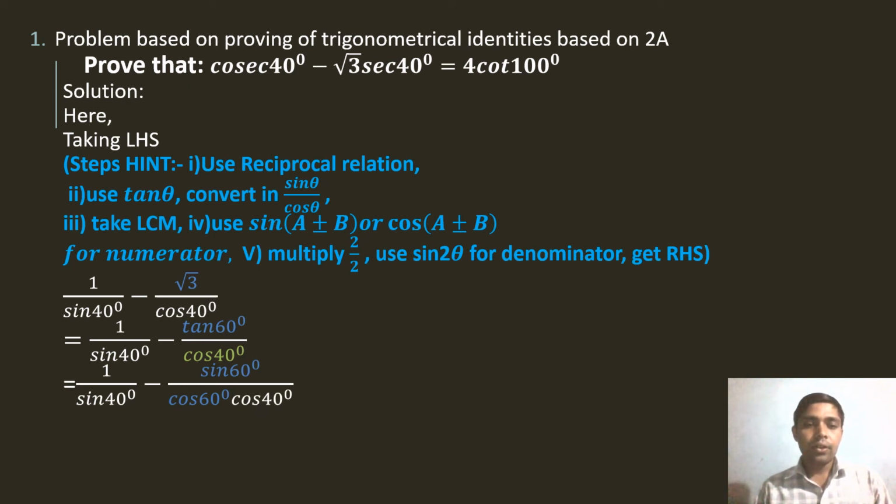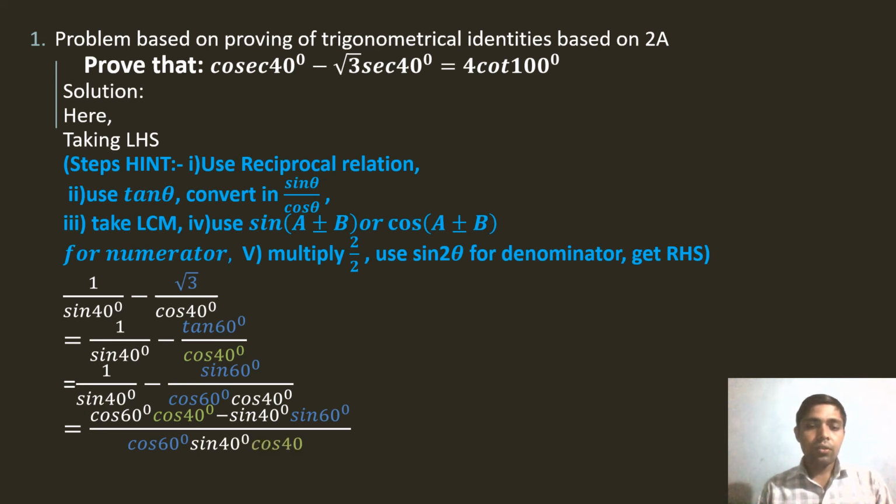Then according to our algorithm, next step we have to take LCM. So we are taking LCM, then we have got in the numerator cos 60 into cos 40 minus sine 40 into sine 60, and the denominator our LCM will be cos 60 times sine 40 into cos 40.